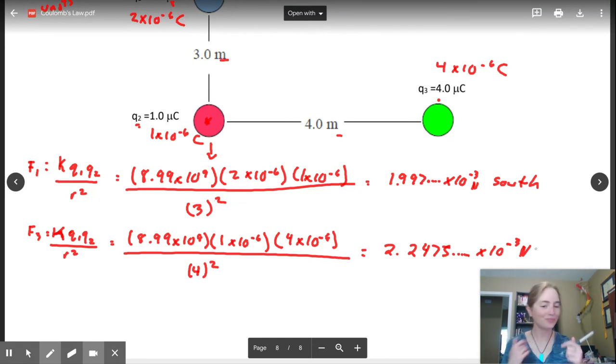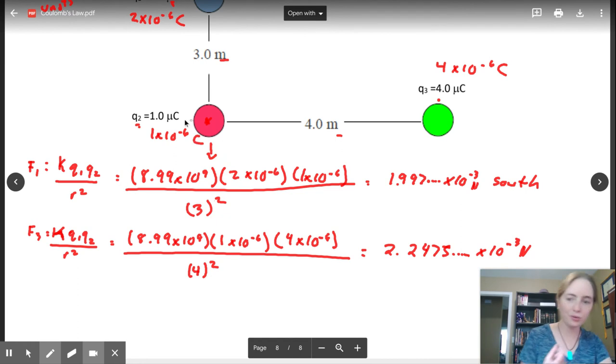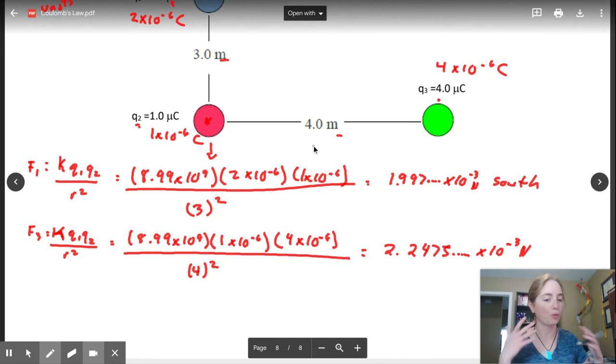So we are going to need to think, once again, from the perspective of what Q3 is doing to Q2. Q2 and Q3 are both positive. They are both going to repel each other.